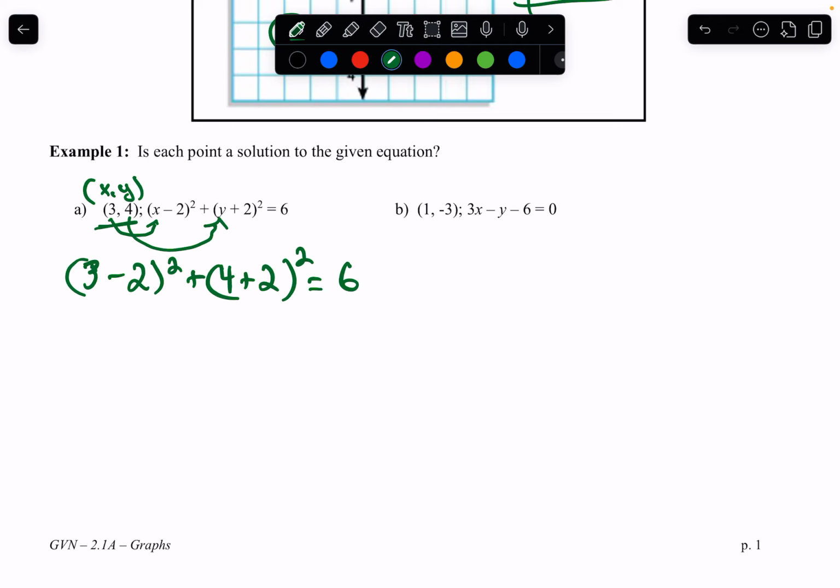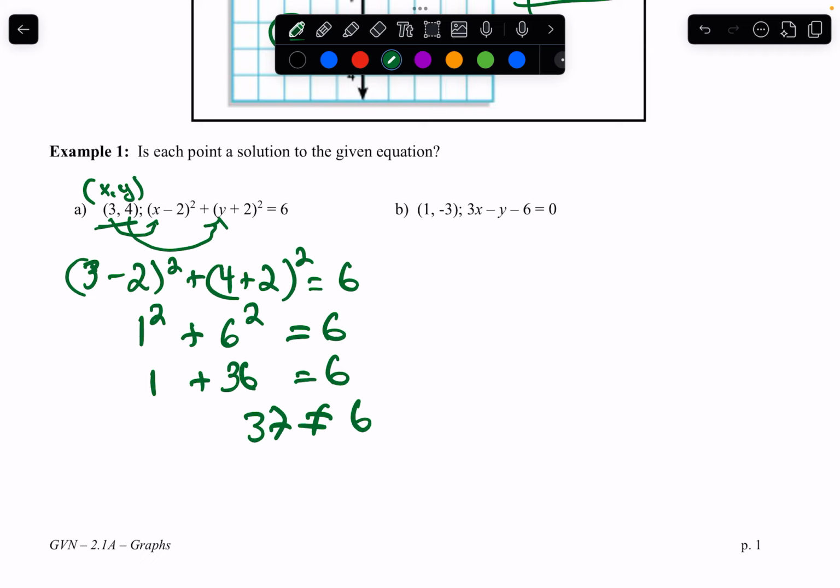For this point to be a solution, this has to be true. Order of operations, parentheses first: 3 minus 2 is 1 squared, 4 plus 2 is 6 and squared. So 1 squared is 1, 6 squared is 36. Well, 37 does not equal 6. So this is false, which means that no, the point is not a solution to this given equation.